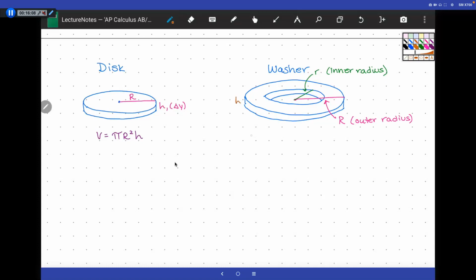So volume of a washer is basically like doing the volume of a disc twice, because you're going to have the volume of the big disc, but then you got to take away the volume of the hole. And then the only thing I'm going to do with this formula, I can factor out a pi and an h. I'm going to factor it out kind of weird, but it'll make sense when we put it into an integral. I'm going to factor out the pi in the front, and I'm going to put the h at the end.